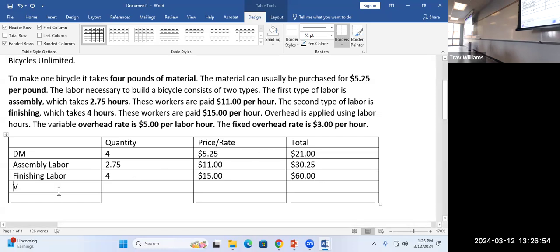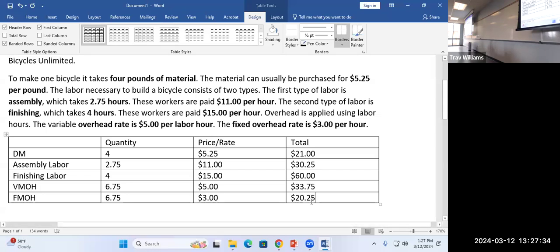Then we get our variable manufacturing overhead, which is based on labor hours, right? And we said there were 6.75 labor hours. So we multiply that by $5 for variable. What does that come out to? $33.75. And then our fixed manufacturing overhead has a per unit rate of $3. What is that? $20.25.